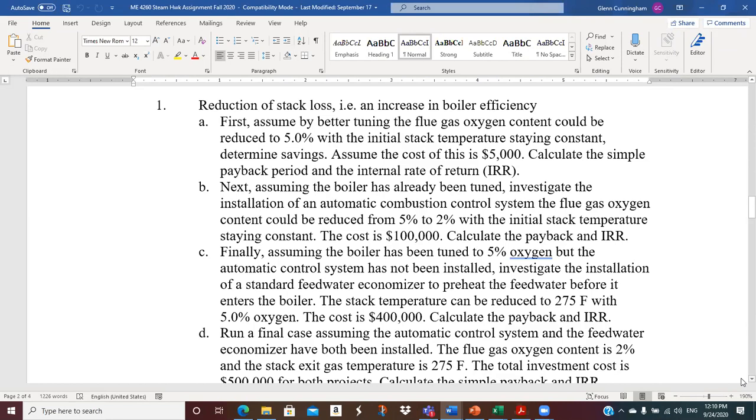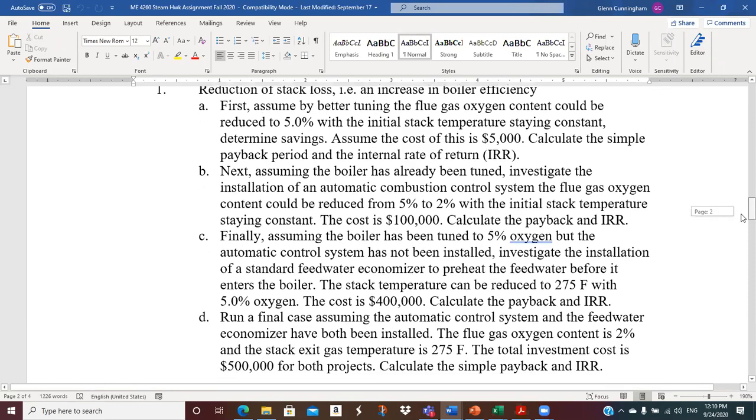You have the elevated temperature on the base case, and then you reduce the stack temperature to 275 at 5%. You get an improvement in boiler efficiency, and you run that in the model. And that's an expensive project, $400,000 or $500,000. Calculate a payback, and once you start doing this in Measure, hopefully it gets easier.